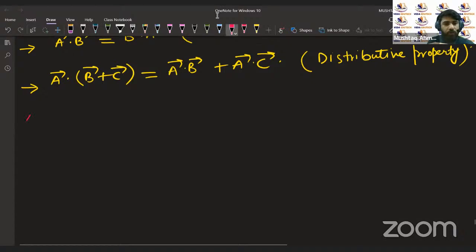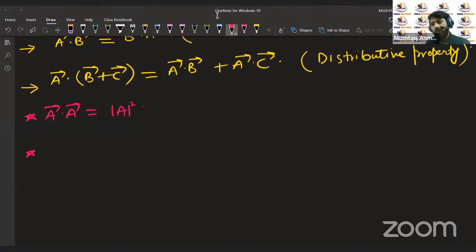Suppose we do a dot product of a vector with itself, A dot A vector. This is going to be mod of A square. Suppose we have three unit vectors, i cap, j cap, and k cap.